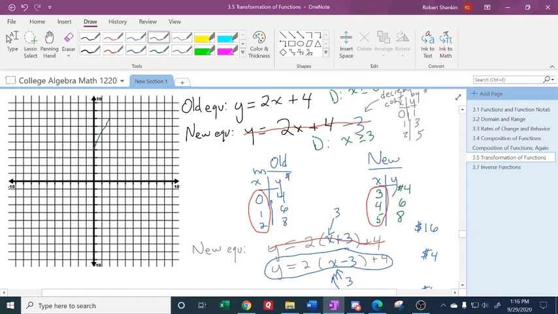So every time it goes to the right, it goes up 2. This new equation, I'm just going to take one key point, the y-intercept, and it shifts it 3 units to the left or 3 units to the right. Well, horizontal always goes opposite of the sign, so it shifts it 3 units to the right. It's going to start here.